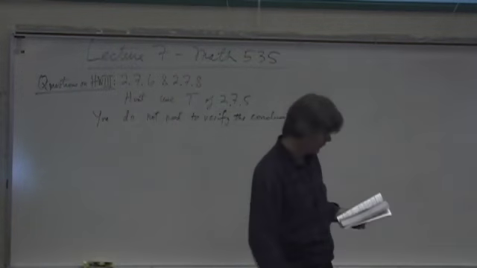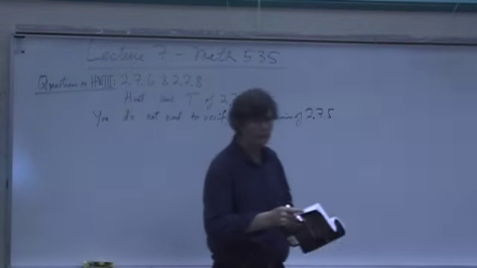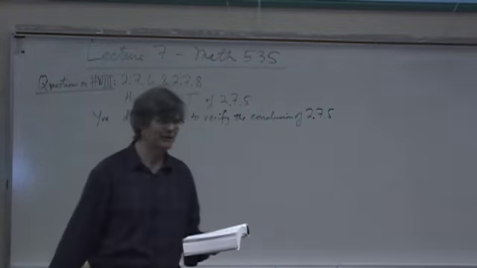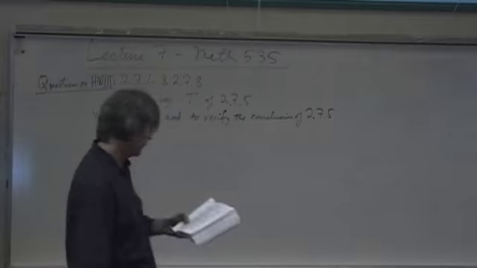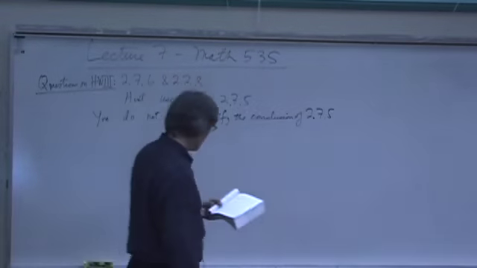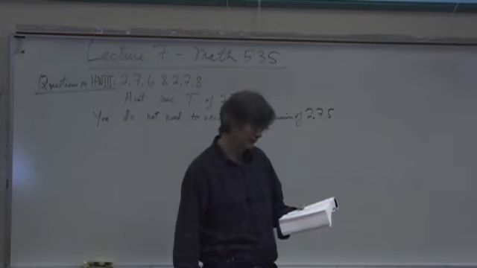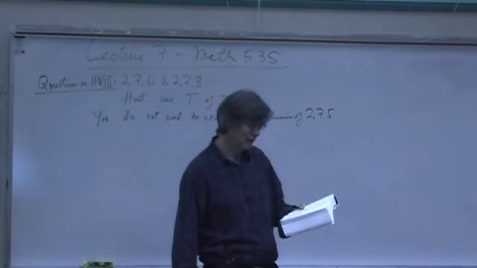So you may use 2.7.5 freely. The answer to 2.7.5 is that indeed a certain linear operator is linear and bounded, and then you're supposed to use that as a counterexample in problem 6 and problem 8. The counterexample in problem 8 is that the inverse of a bounded linear operator need not be bounded.